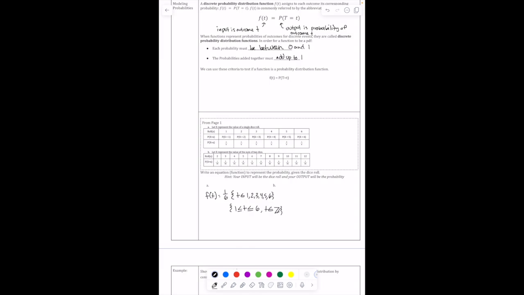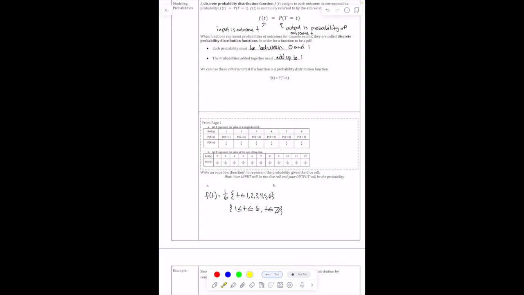So that's how you say it's only the whole numbers between 1 and 6. When it's not too many numbers, I usually just write it out since it's not too hard. But if there's lots and lots of possible inputs, it is nice to shorten it to just writing the boundaries and then specifying what type of number you're looking at.